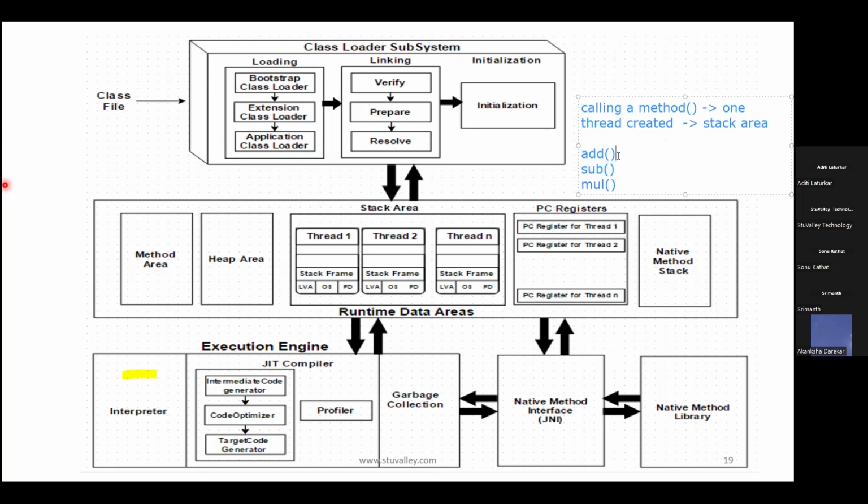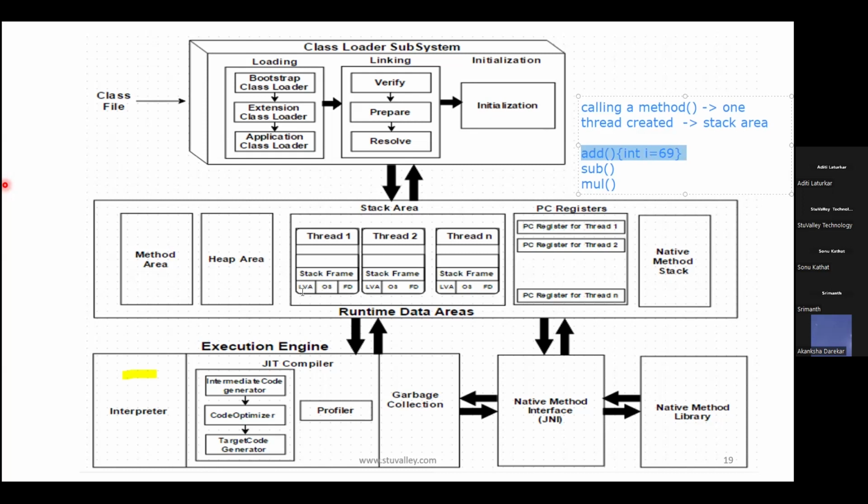So what are they storing? Suppose the add method has some information like a variable, okay? Suppose I have variable i and it has some value. So these are known as local variables. The local variables are stored here in the LVA, that is, the local variable array. Okay. So for the add method or add thread, the memory gets allocated separately.